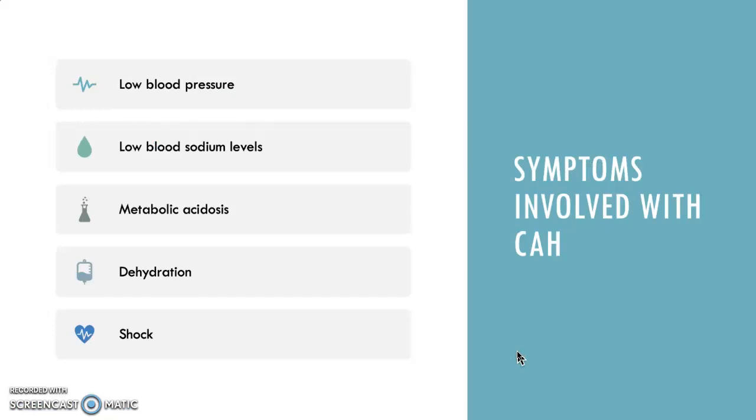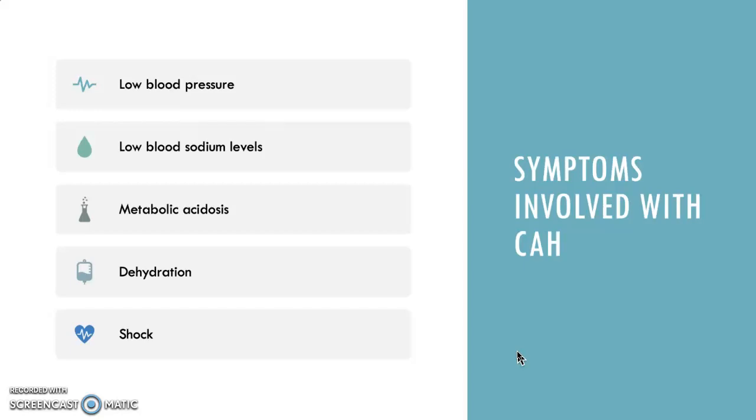Symptoms that we can see include low blood pressure and low sodium levels. Of course, with the salt wasting, obviously we're going to have the low sodium levels. People can actually have metabolic acidosis, dehydration, and shock.